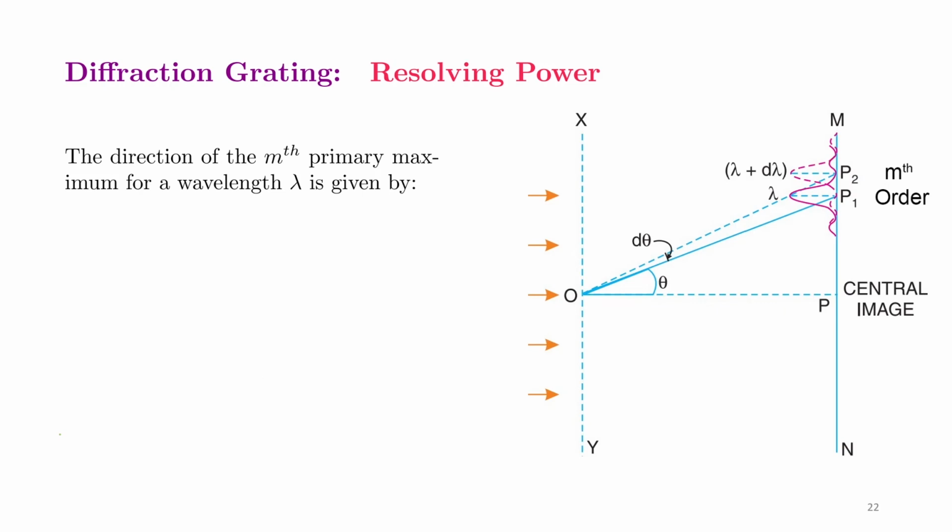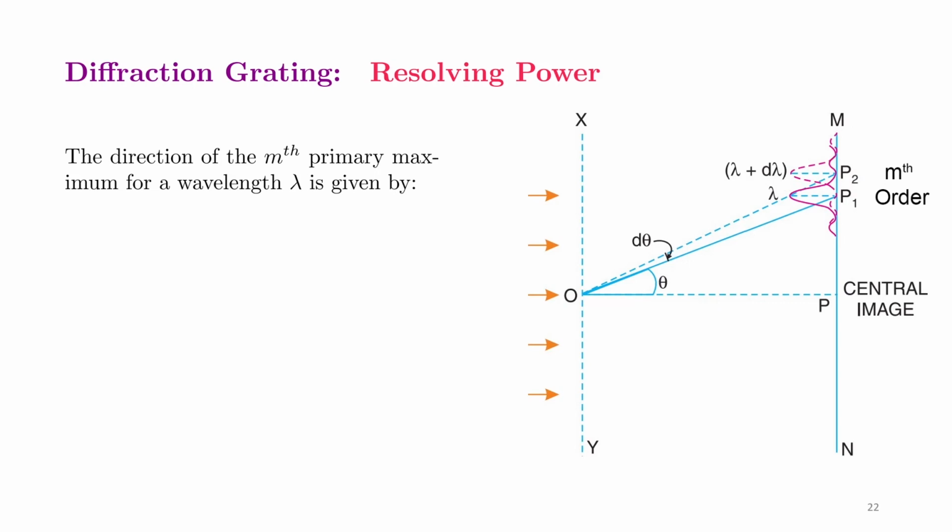Now consider this figure. In this figure, MN represents a screen on which the diffraction patterns of lambda and lambda plus d lambda are produced. The principal maximum of lambda occurs at P1 and that of lambda plus d lambda occurs at P2. And the maximum of lambda plus d lambda falls at the first minimum of lambda.